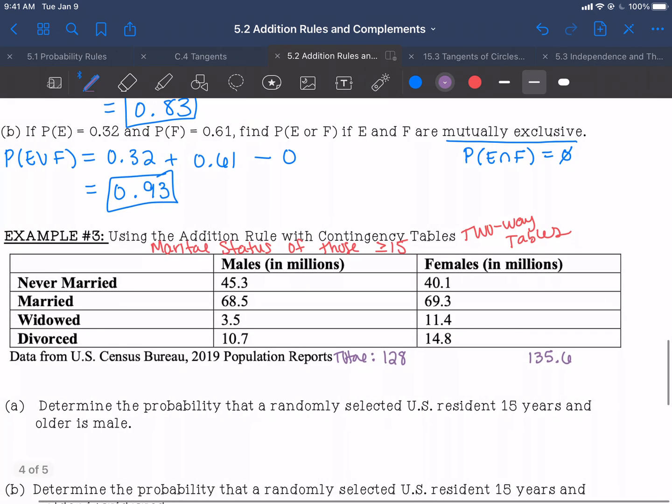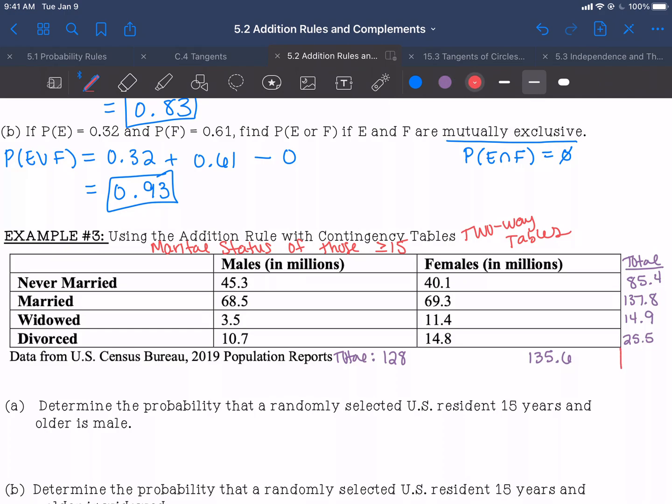You want to do the same thing with your rows. So if I add all those never married, 45.3 plus 40.1 is 85.4. If I add those married, it would be 137.8. Those widowed would be 14.9 million. And those divorced would be 25.5 million.